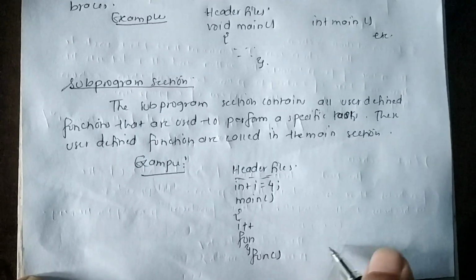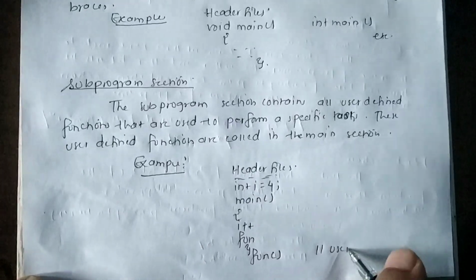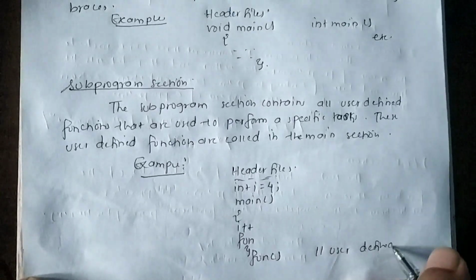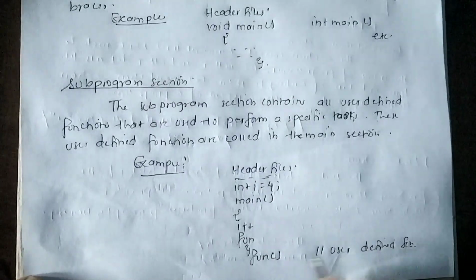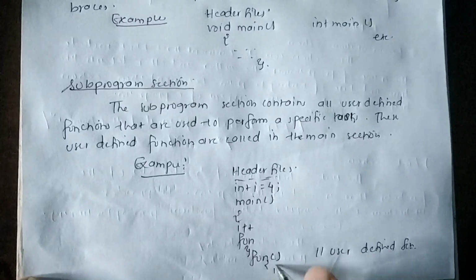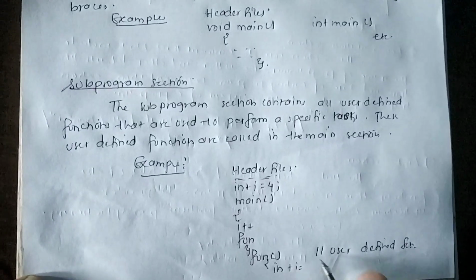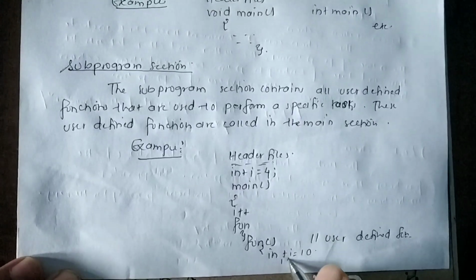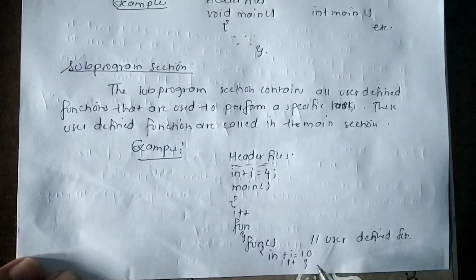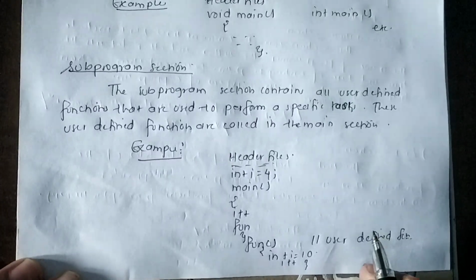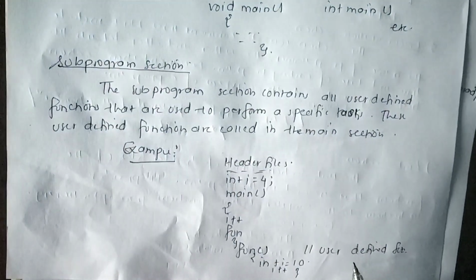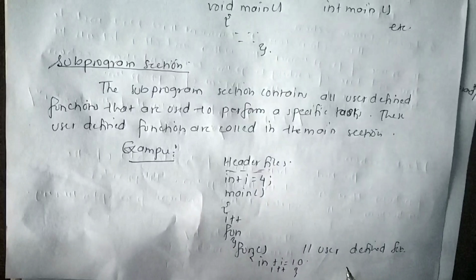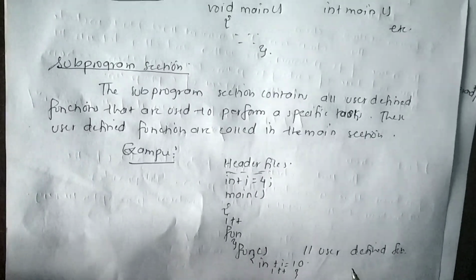Function, this is a user-defined function. int i = 10, i++ and closing braces. So these were the 6 main sections in the basic structure of a C program.